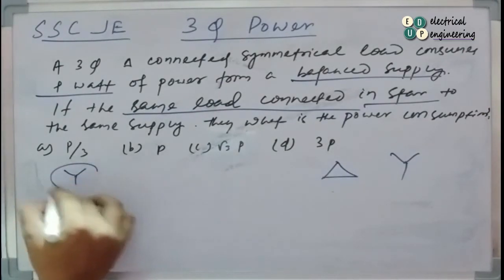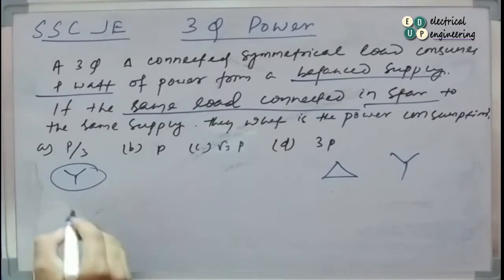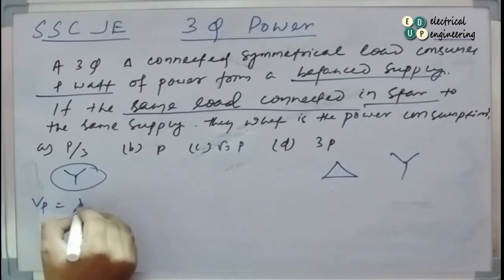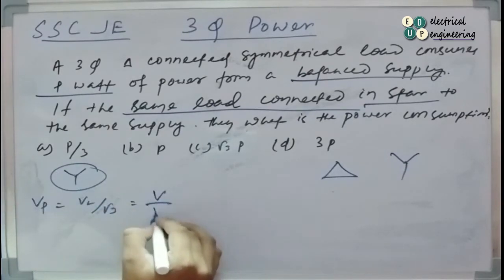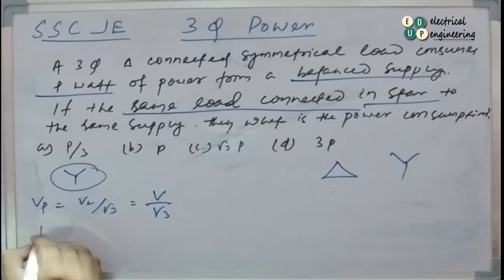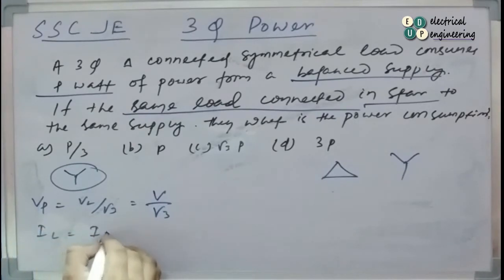In star connection, you know V phase equals VL by root 3, or just take VL as V, so V phase is V by root 3, and I line is equal to I phase. So how much will be the power here?